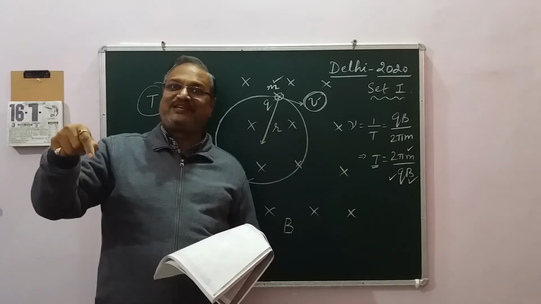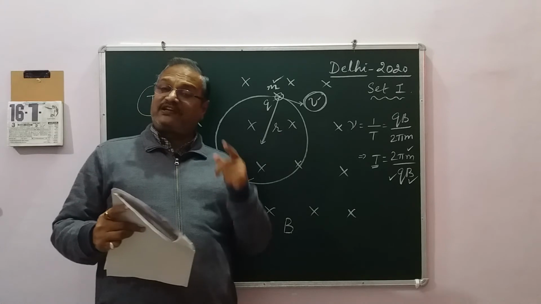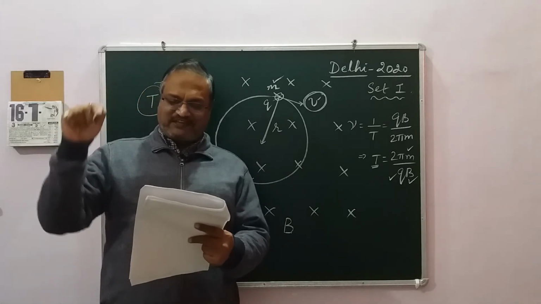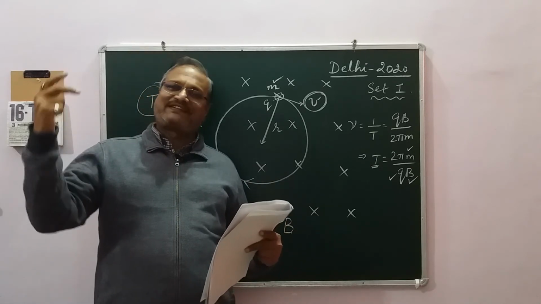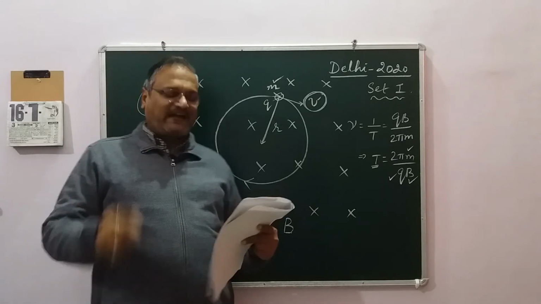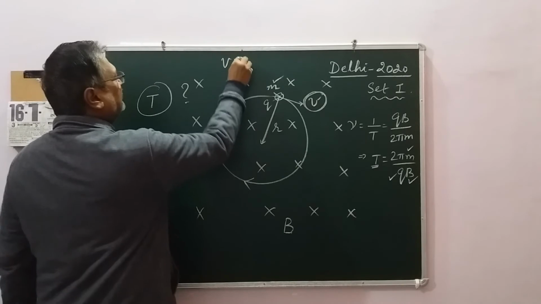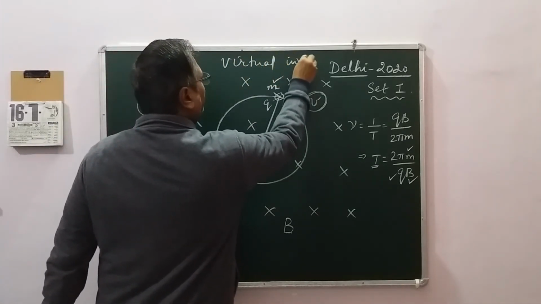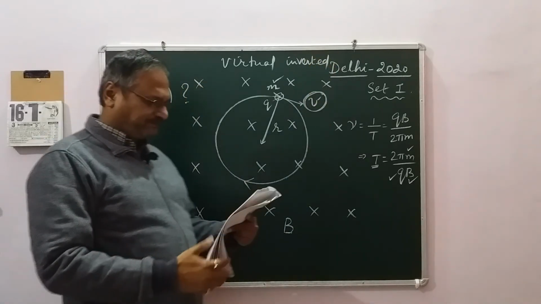An inverted image. So the answer is, the image here is going to be an inverted image and it will be a virtual image. You can't get it on the screen. So the option is virtual and inverted.